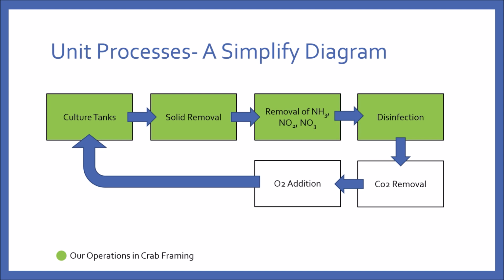The third part will be removal of ammonia, NO2 and NO3 using the biofiltration process, followed by disinfection. Since crabs can tolerate high CO2 and low oxygen levels, the water after disinfection will be recirculated back to the culture tanks and recycled.